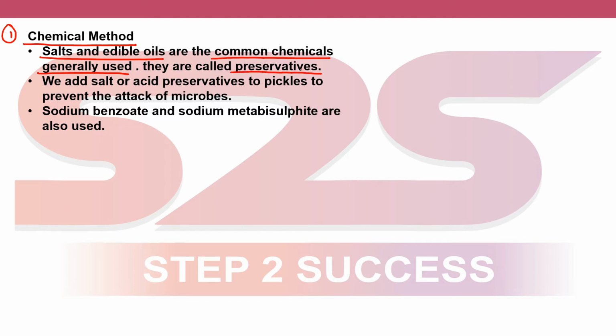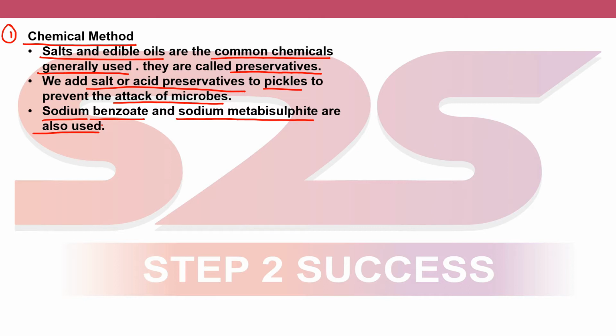We add salt or acid preservatives to pickles to prevent the attack of microbes. Sodium benzoate and sodium metabisulfite are also used. So basically, these are also used in jams and squashes to check their spoilage.